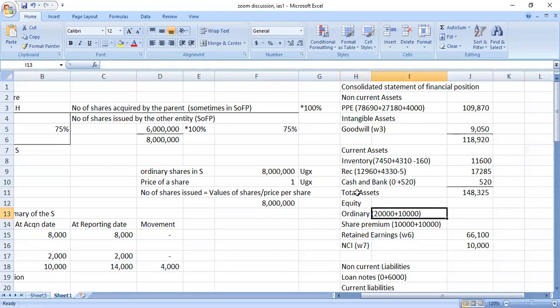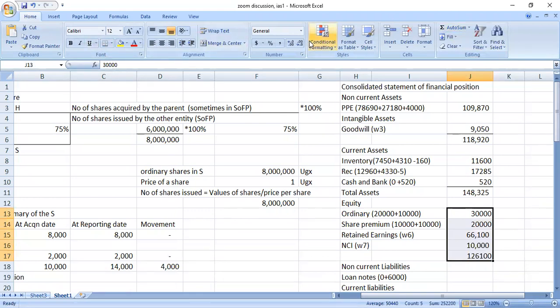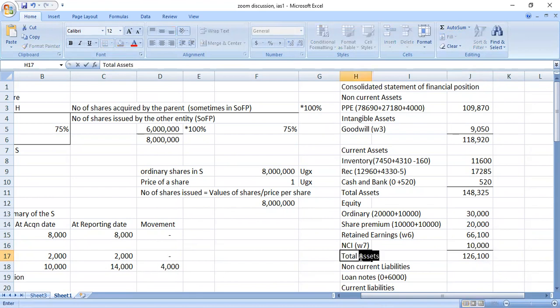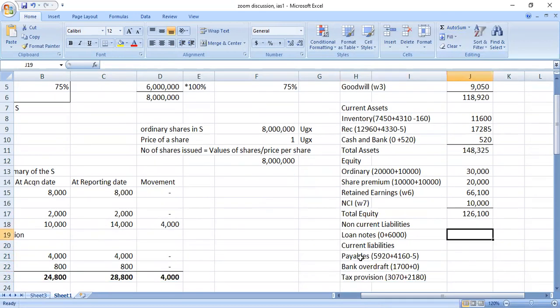And when we come to equity, this is 30,000. One is 20,000 ordinary shares. Then retained earnings are 16. Then when I add equity alone, I have 1, 2, 6. This is total equity. We bring our liabilities, this is 6,000.